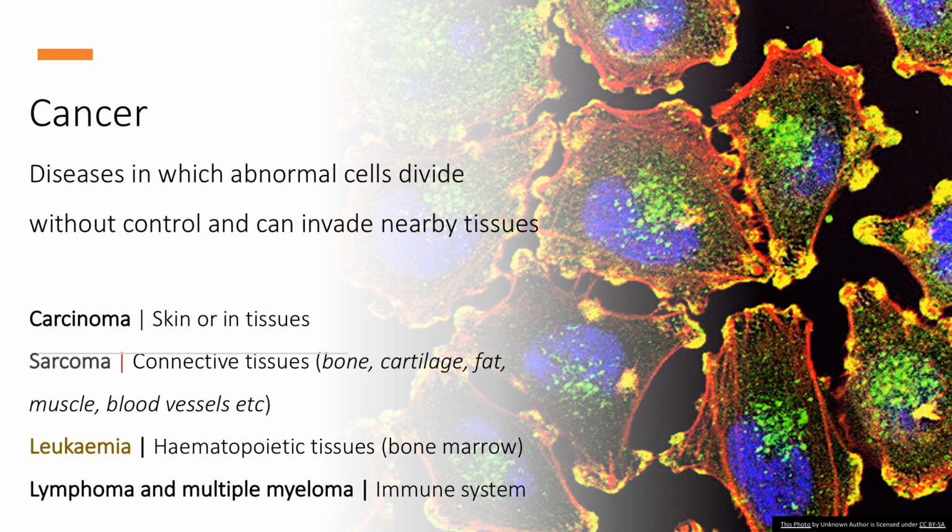Less common is sarcomas, which is primarily derived from connective tissues such as bone, cartilage, muscle, blood vessels, etc. The third category is leukemias, which relies primarily on hematopoietic cells or the blood cell types in the bone marrow. And the last one are the lymphomas and the myelomas, which essentially are cells of the immune system that are disrupted in their regulation and differentiation.